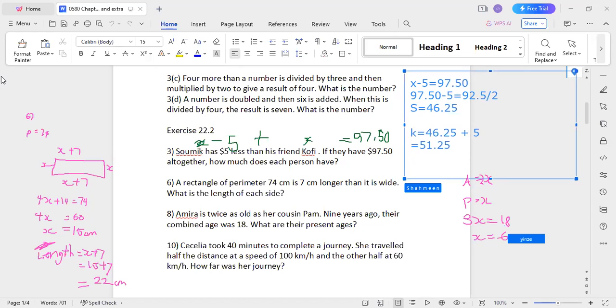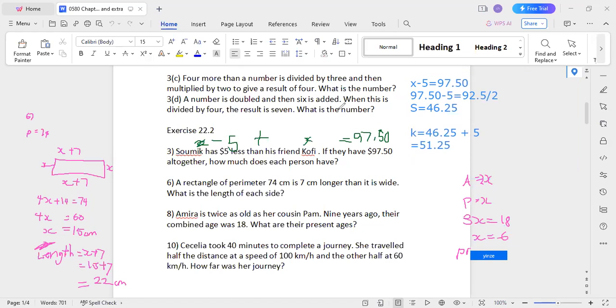I think you forgot one thing. When you add coffee x plus x minus 5, you get 2x minus 5. Oh yeah, my bad. You have to go 97.50 plus 5 is equal to 2x. Need to be a little careful while moving these values together.